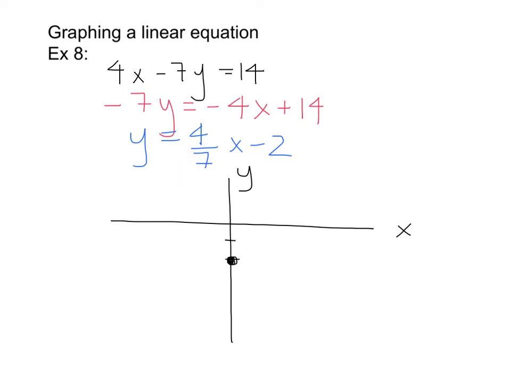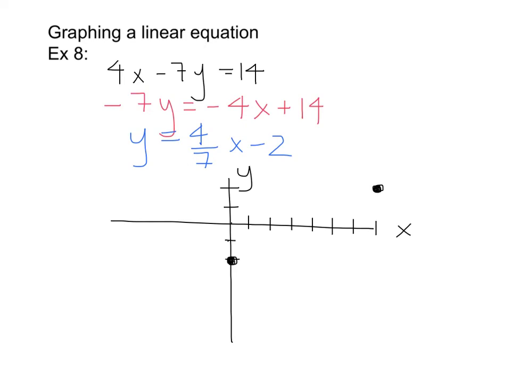So from my y-intercept, I am going to go up 1, 2, 3, 4, and then I'm going to run 1, 2, 3, 4, 5, 6, 7. And where those meet is where my second dot is.